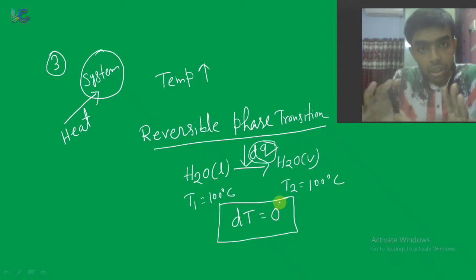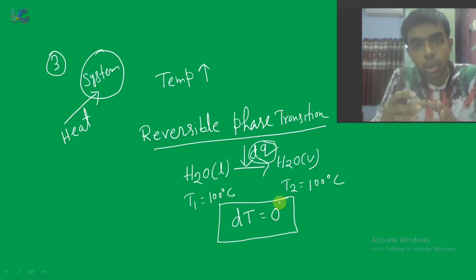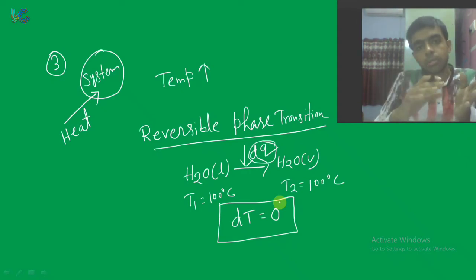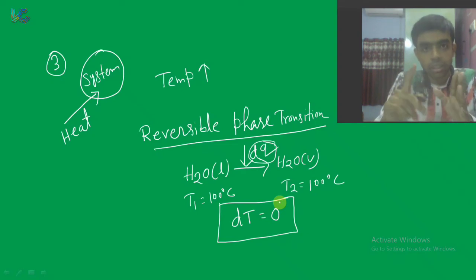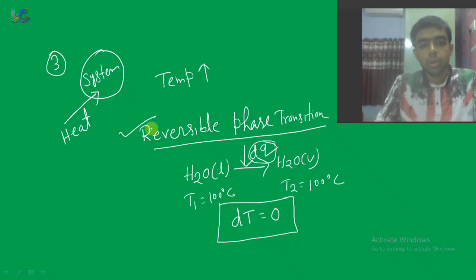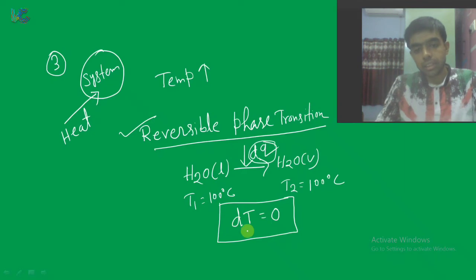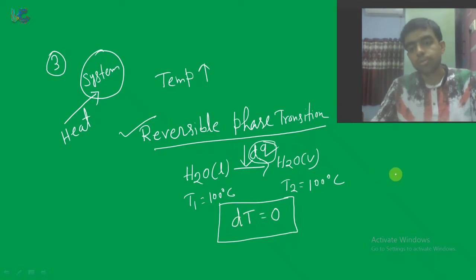That means the system is taking the heat, but this is not leading to an increase in temperature. If a system takes heat, then generally the temperature of the system increases. But there is an exception to it, and the exception is reversible phase transition, where the temperature does not change. Now when there is no change in temperature, that means dT is equal to 0. Now you know heat capacity is dq by dT.